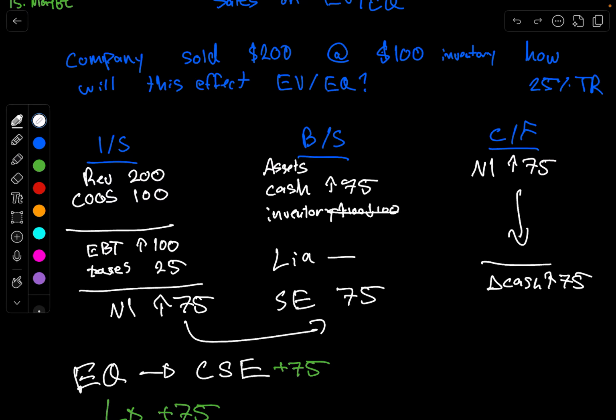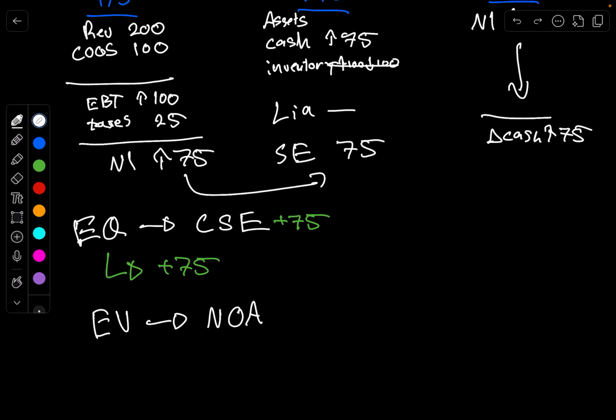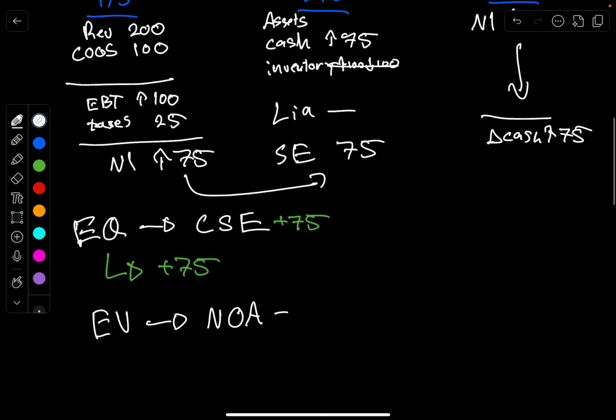So because of that, the amount of operating assets that we have actually decreased. The amount of dollars that were tied up in the operations of the business are now out of the business, meaning that our net operating assets are down by the full inventory amount. So that also means that our enterprise value is down by 100.